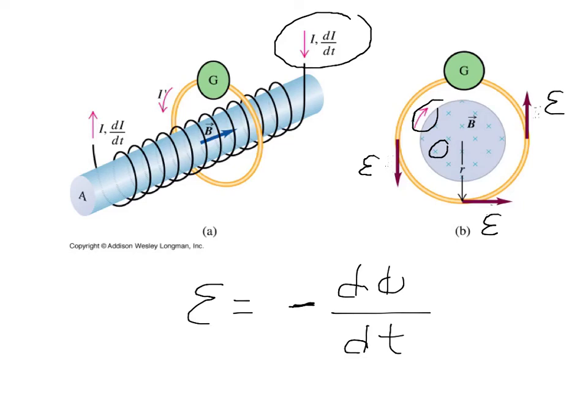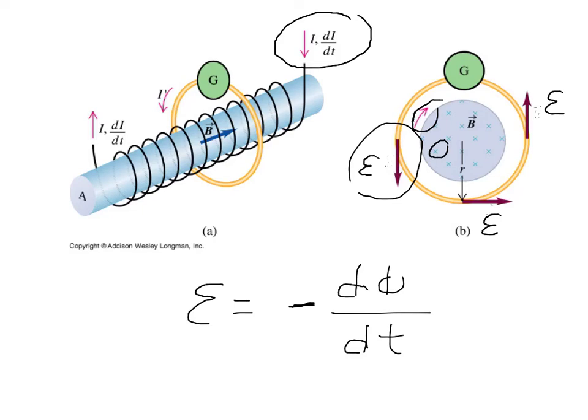We actually try to create a field that is outward. So what kind of current through that ring could make an outward field? And that is what we show here with these arrows and the EMF symbol. That has to be a counterclockwise current.